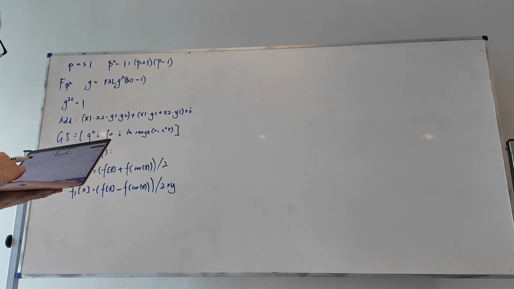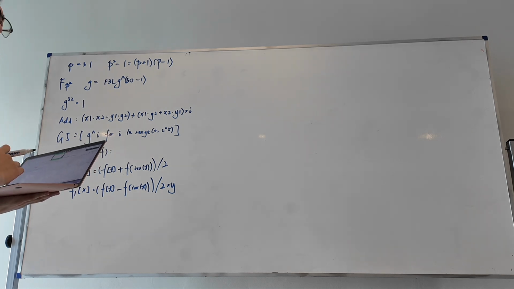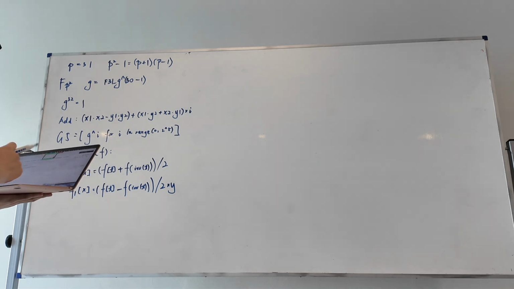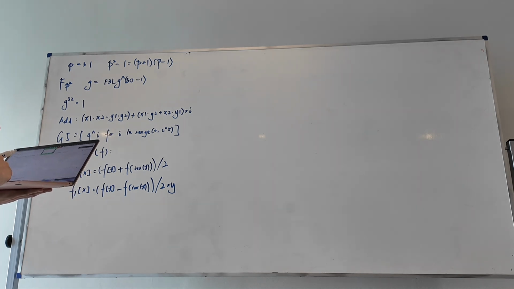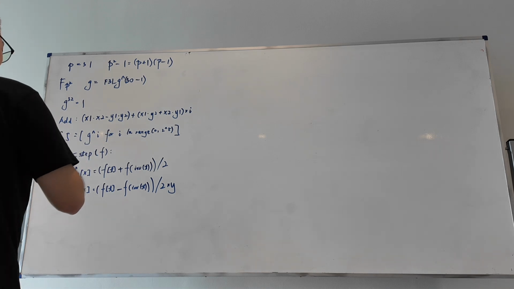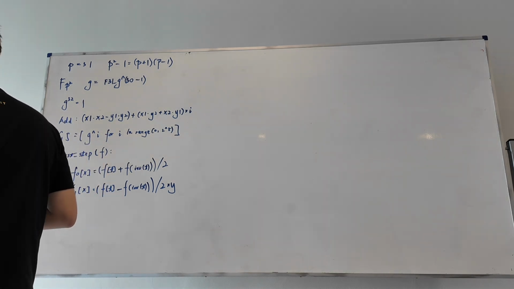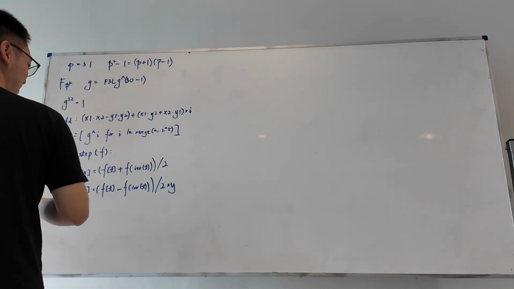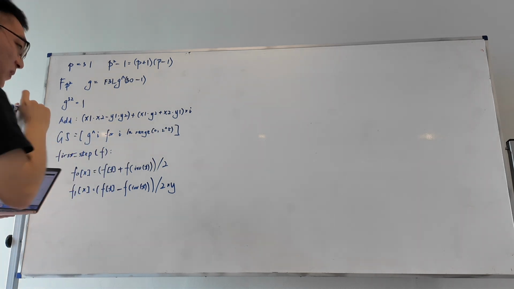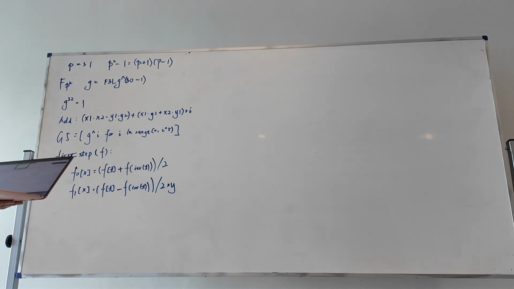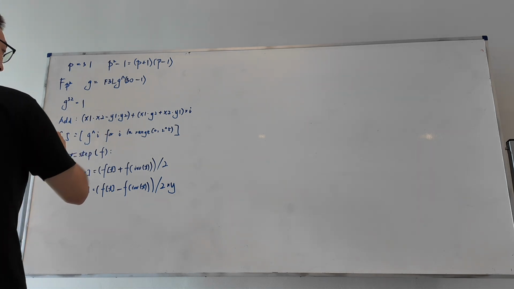So you need to do the FFT on the coset of the subgroup. Okay, so we do FFT on the coset of G5.